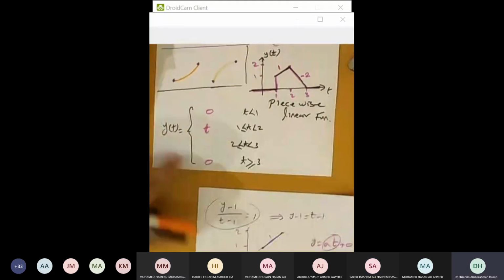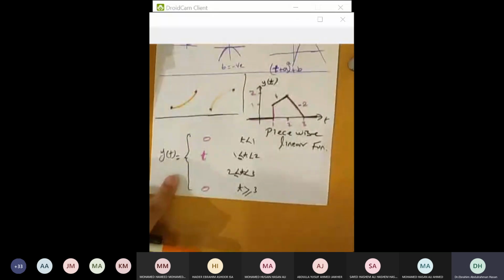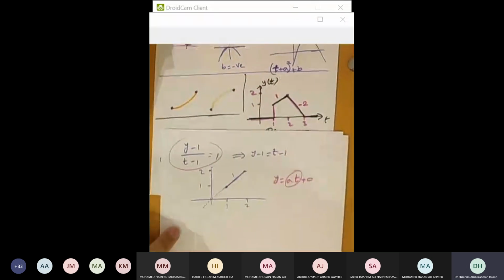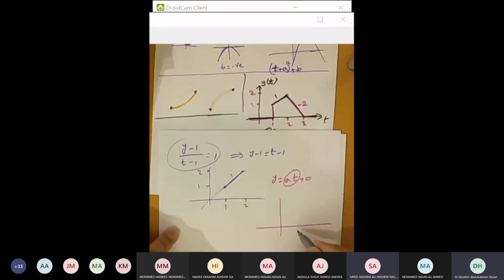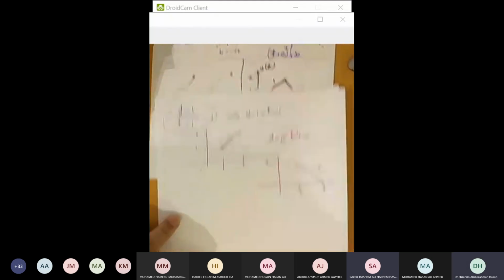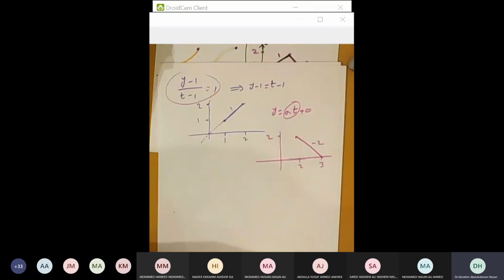طيب, what's about the portion between 2 and 3? Between 2 and 3, what do we have is this. At 2, this point 2, and at 3 is equal to 0. Okay, so slope equal to -2. Okay, how to find the equation for this?